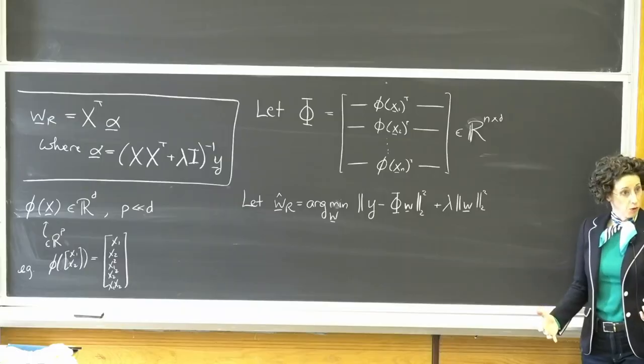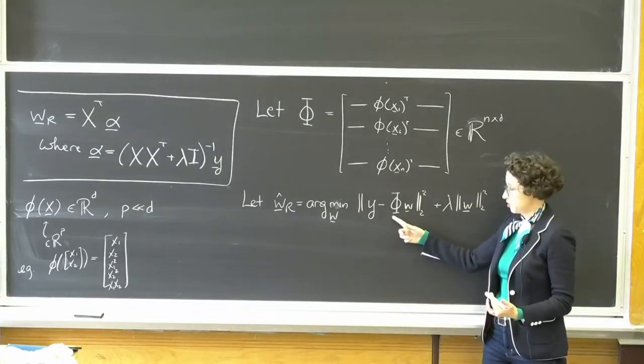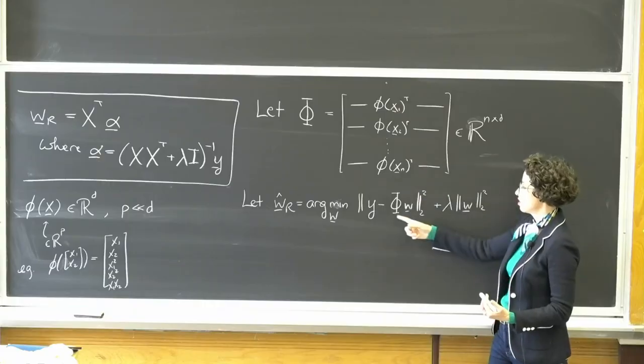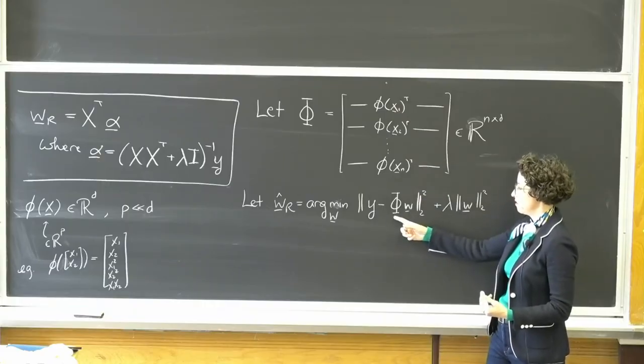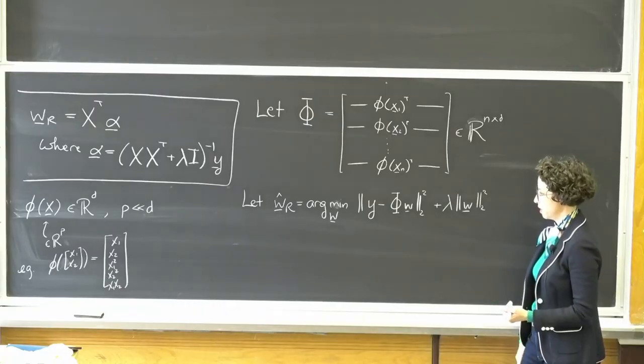So it's just like before, only instead of using our raw feature matrix X, we're using this mapped feature matrix phi that has these more complex relationships embedded.